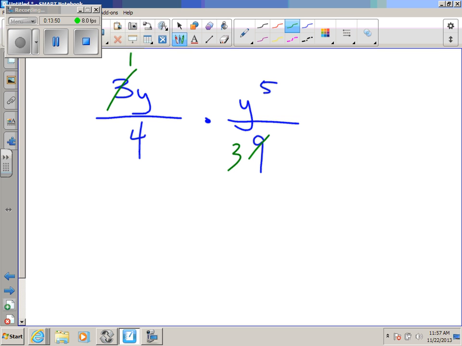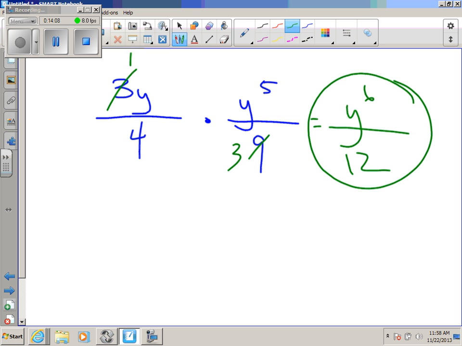Over here, y to the 5th and 4, can't do anything because that's just like a 1. So when I multiply y times y to the 5th, I get y to the 6th. 4 times 3 is 12. So y to the 6th over 12.